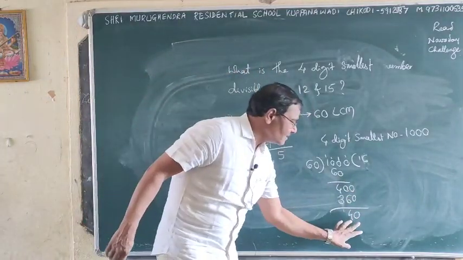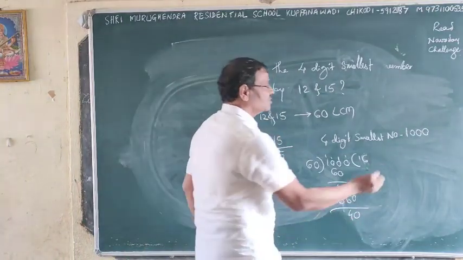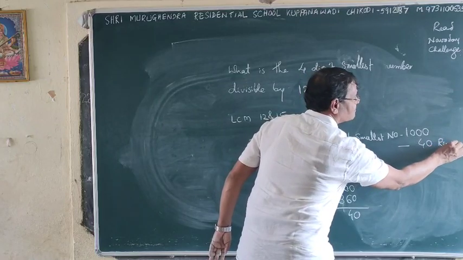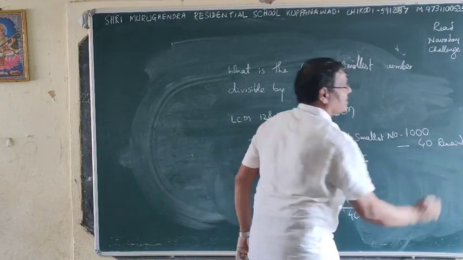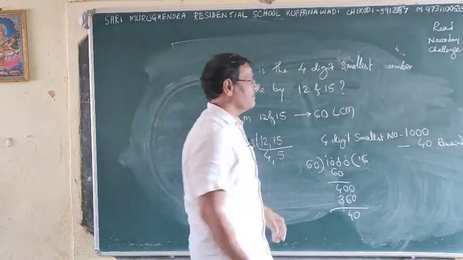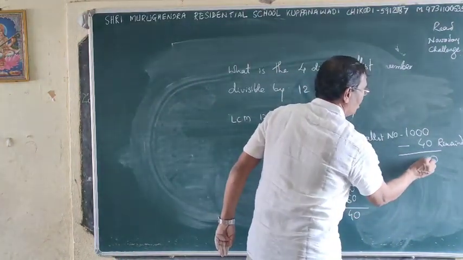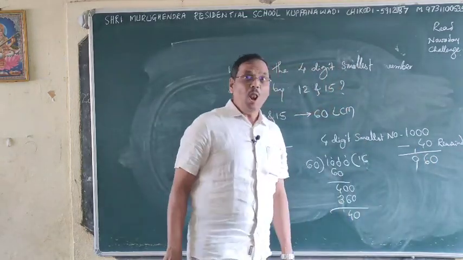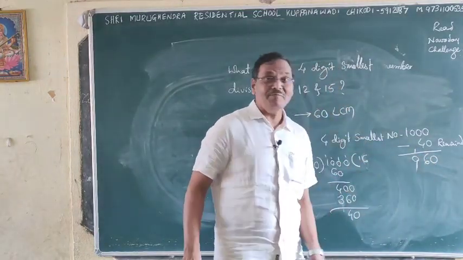Then whatever remainder is there, that should be subtracted. I am subtracting the remainder, find it.